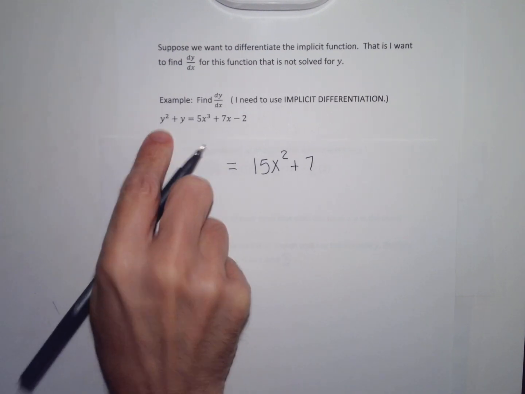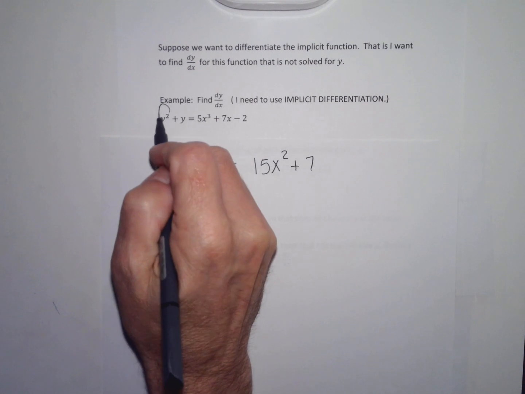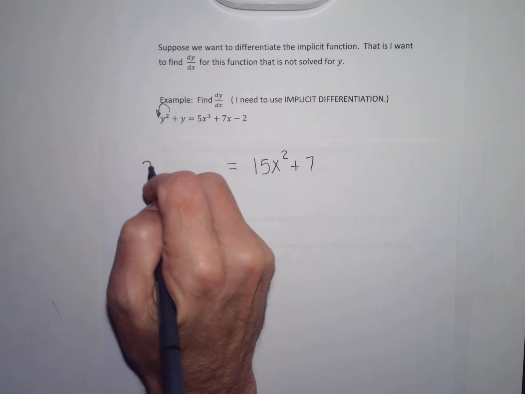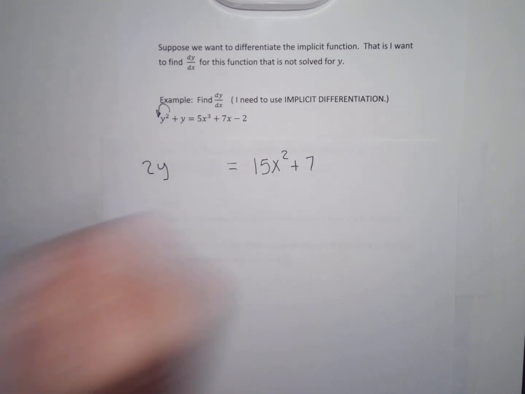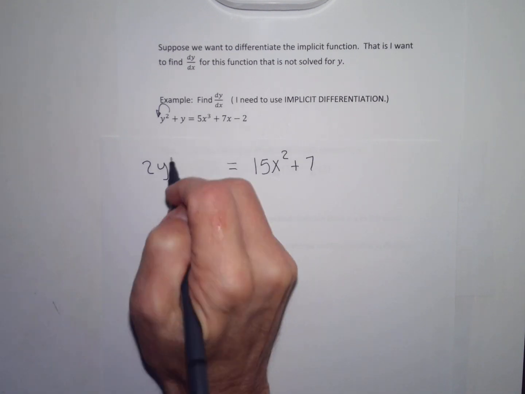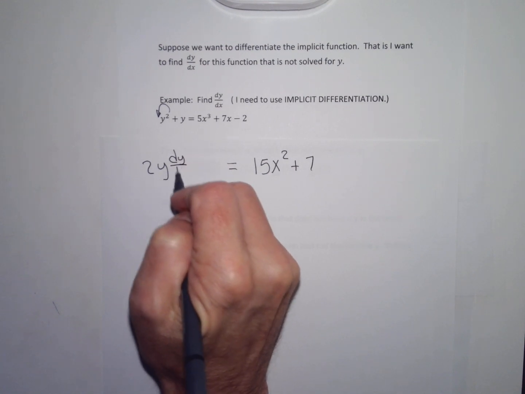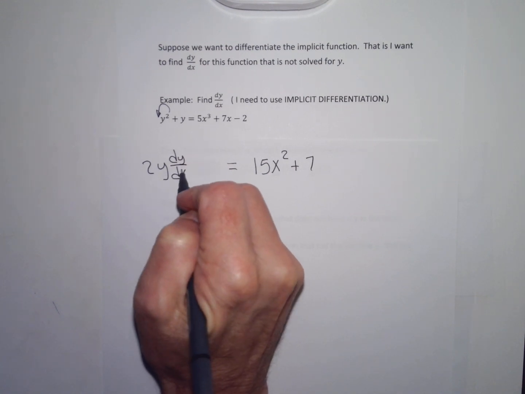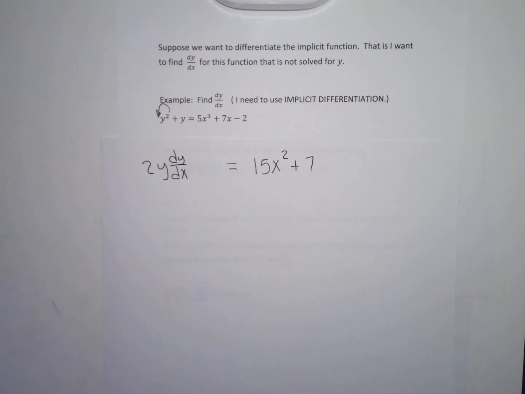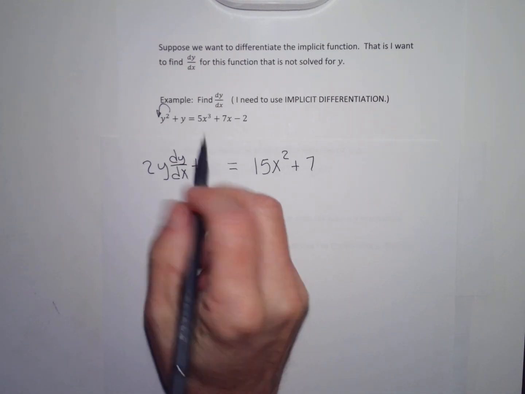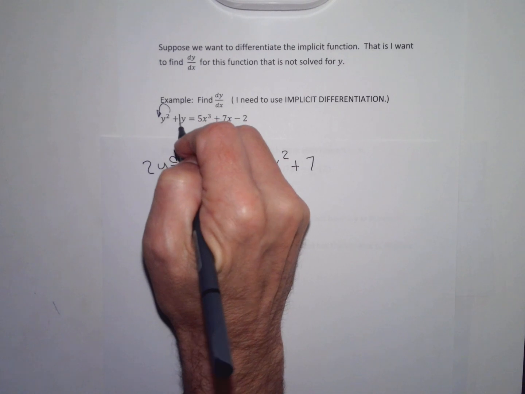The derivative of y squared: I'll put the 2 in front of the y and get 2y, lower the exponent and get 2y to the first. Because this is an implicit function, anytime I take the derivative of a term with a y, after I take its derivative, I'm going to tack on a dy/dx. The next term after the plus sign is a y to the first power term.